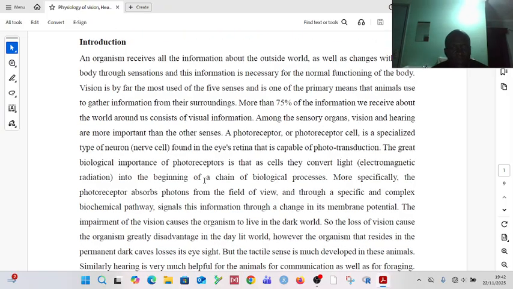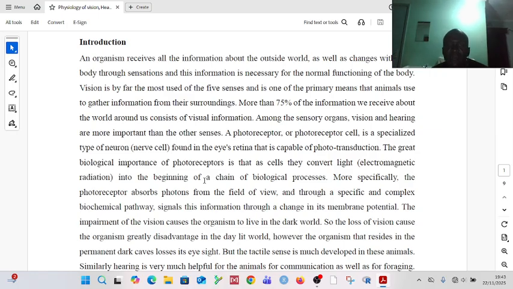So there are various senses, I think five, but of these, the most important through which an organism receives information about its environment is mainly vision, hearing, and touch. So you either see something, hear something, or feel that something has touched you.